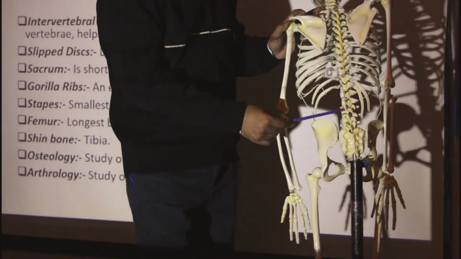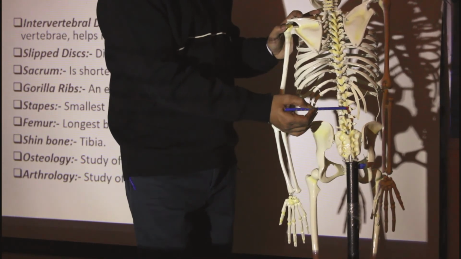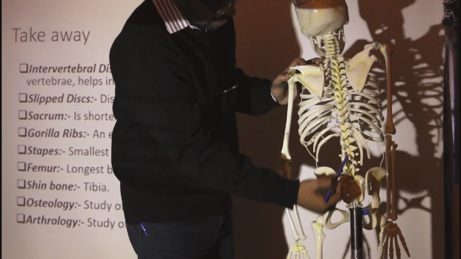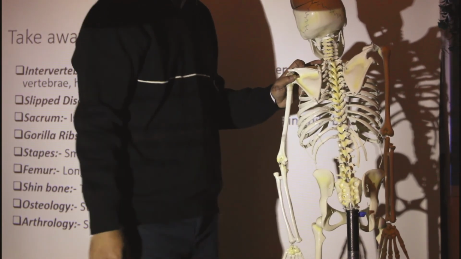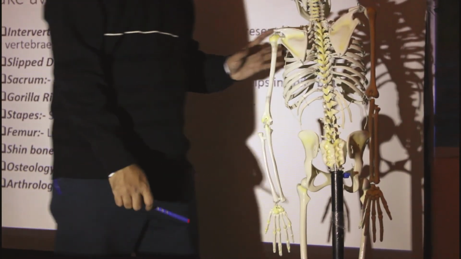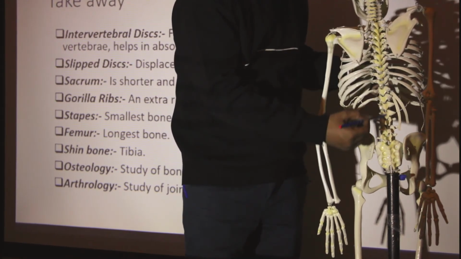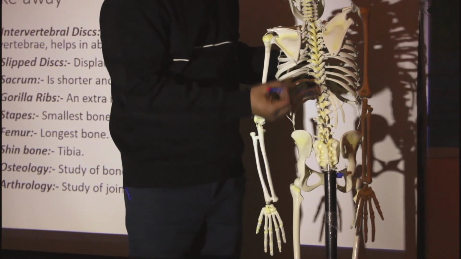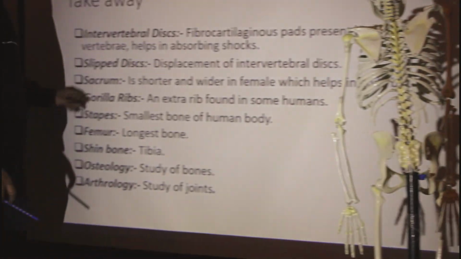If by any trauma or accident this intervertebral disc gets displaced, this is known as a slipped disc. It creates a problem for the spinal cord and also the spinal nerves, because if the intervertebral disc gets displaced, the spinal cord is in a serious condition, because the spinal cord is present inside this vertebral column.